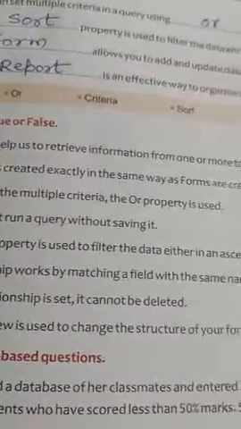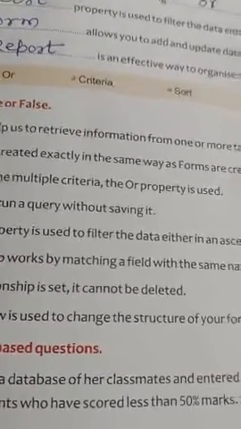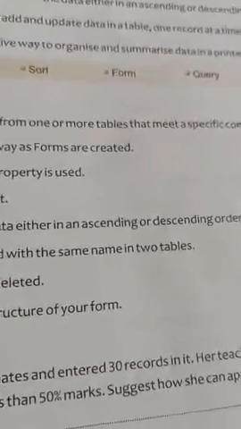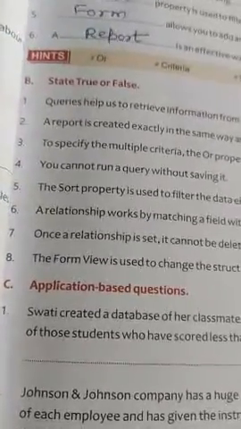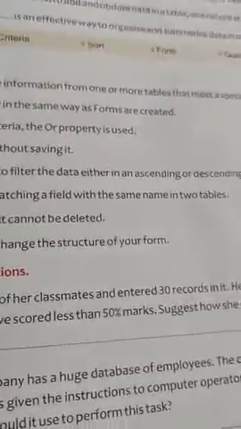The sort property is used to filter the data in ascending or descending order. That is true. A relationship works by matching a field with the same name in the two tables. That is true. Once a relation is set, it cannot be deleted. That is false. The form view is used to change the structure of your table. The statement is false.